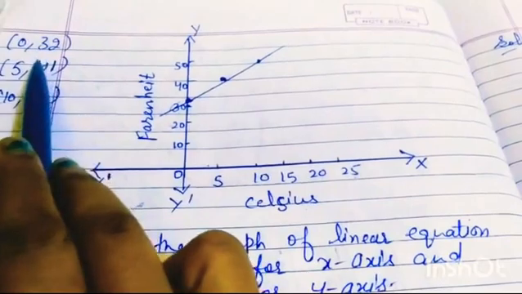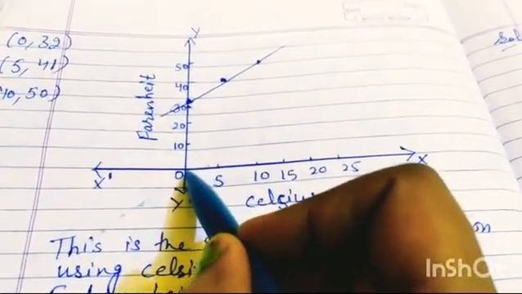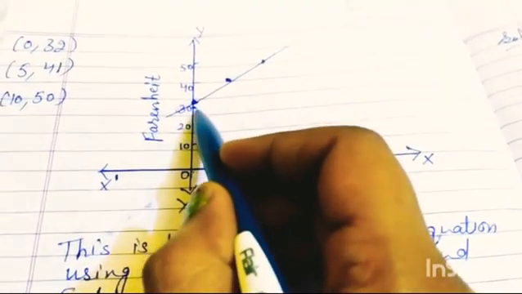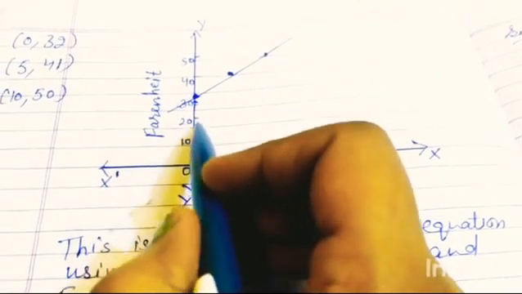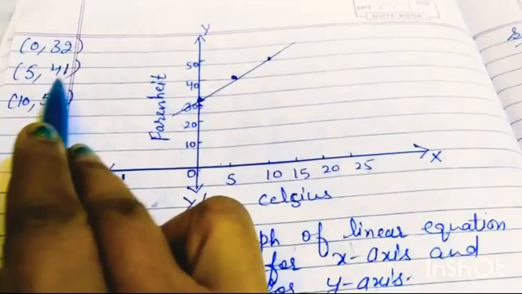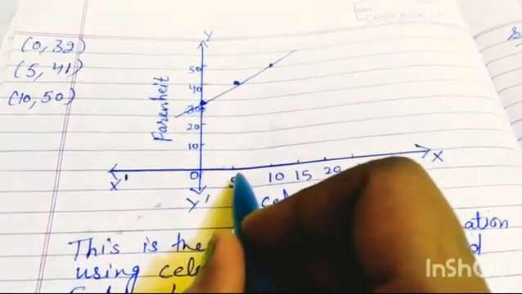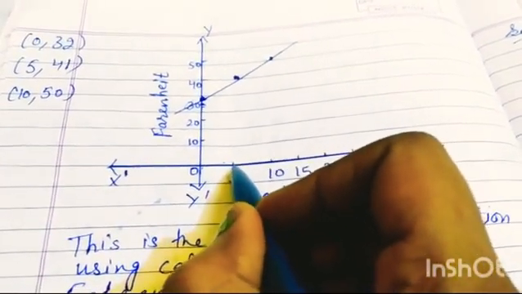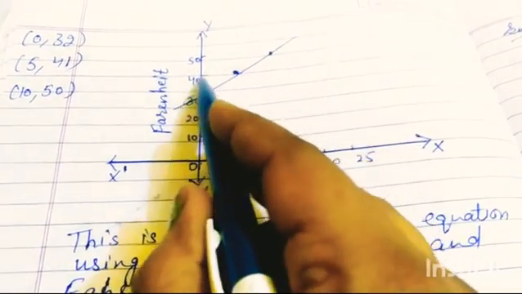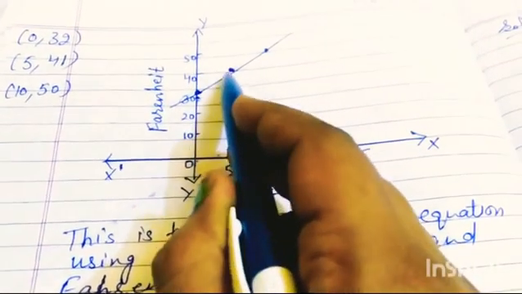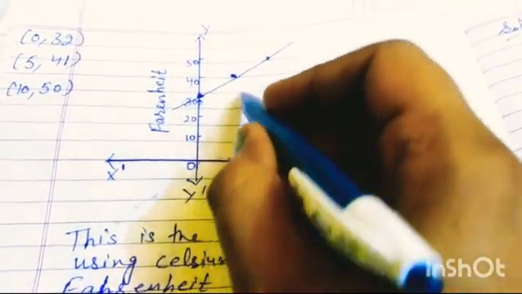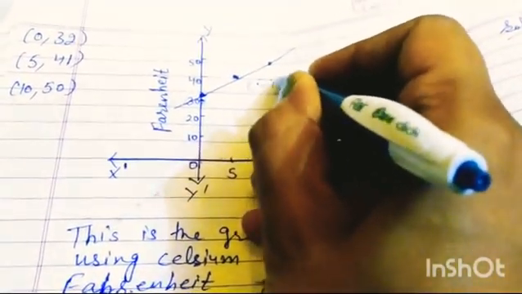Now first point is (0, 32). 0 is here and 32 will be here. Here is 30 and here will be 31 and next will be 32. Then is (5, 41). 5 is on Celsius side, this is 5 and 41 is here. Here is 40 and with the 40 there will be 41. Therefore, we will get this point as (5, 41).